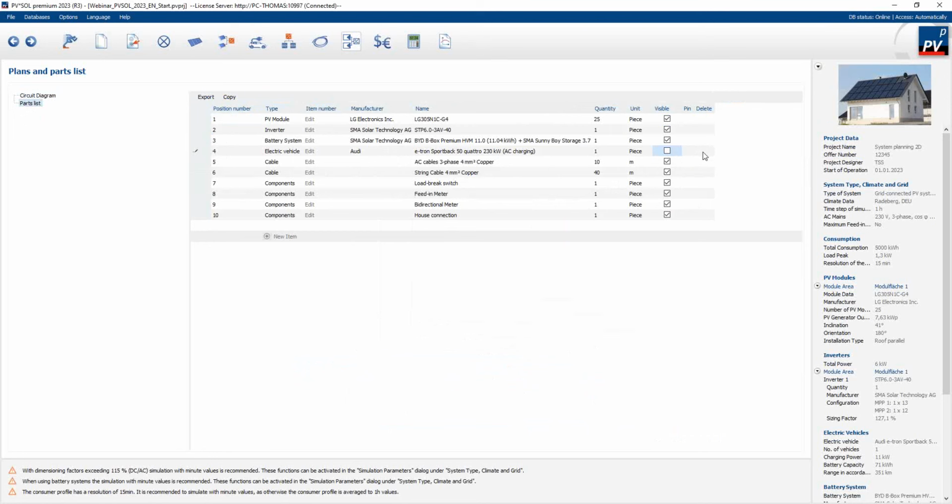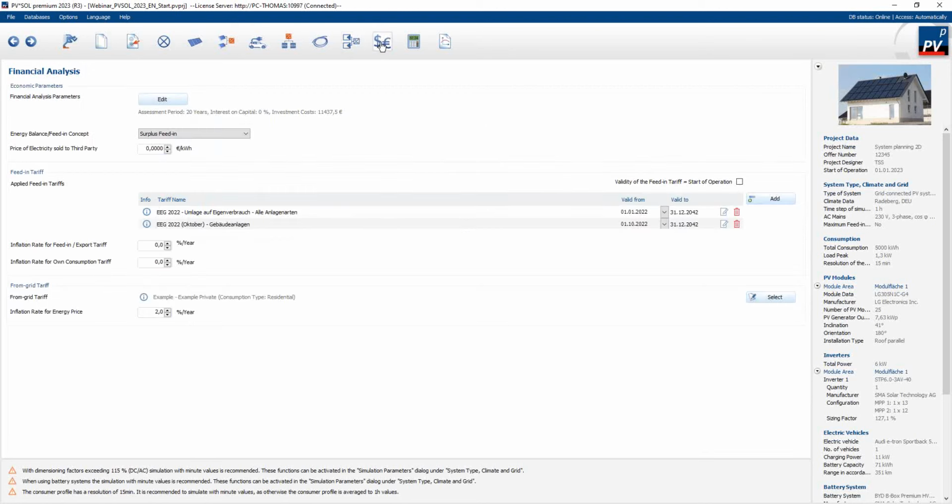You can also edit item numbers if you have specific item numbers, for example here for the modules, and the software will remember these numbers if you select the module in future planning. You can also add additional items here with the option new item. Then the next item is in the list, and you have to define it, etc. This one can be exported into a CSV file, which can be opened in Excel, or you can copy the whole list here and paste it into Excel or whatever, Word, etc.